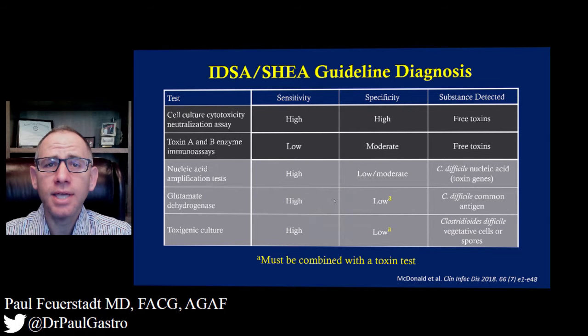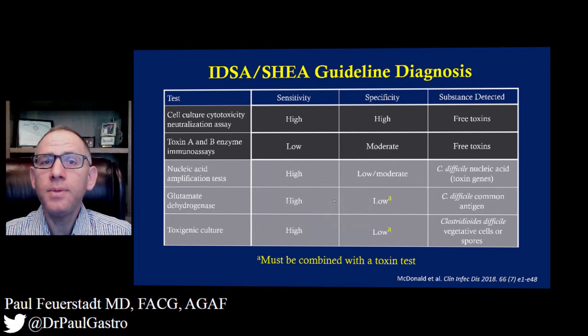The combination test is a combination of the enzyme-linked immunoassay, a test that detects the presence or absence of the toxin, and the GDH assay, a test that looks for a chemical that is released in general by Clostridioides species.